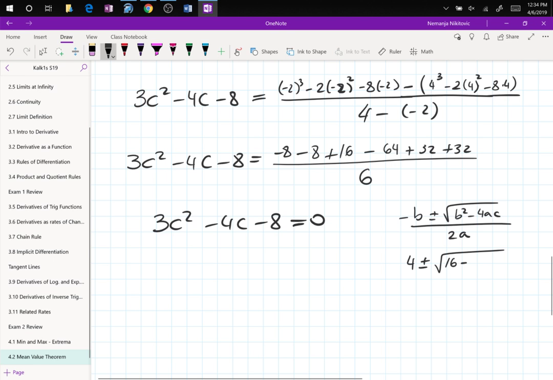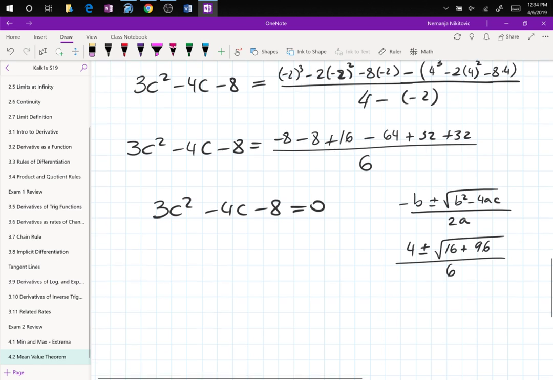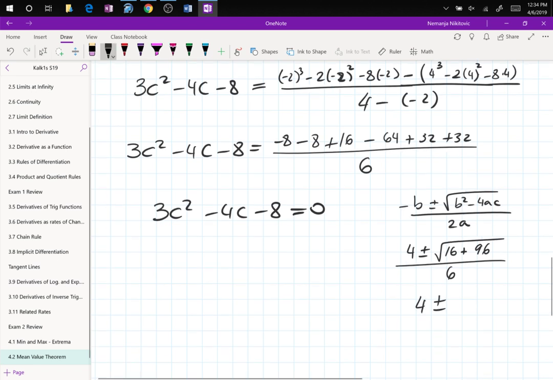So 4, 3, and 8, and it's negative, so this is positive. 8 times 3 is 24, double, so 96 over there, divided by 2 times a is 6. And now I have 4 plus minus square root of 112, right? Divided by 6.